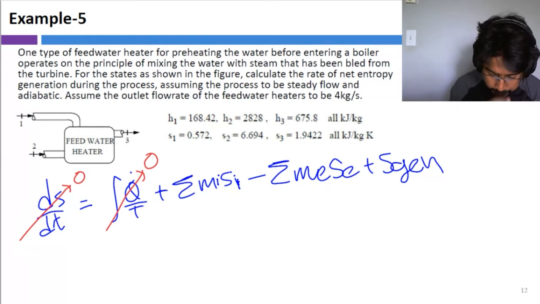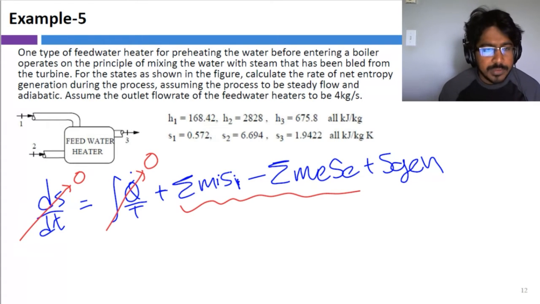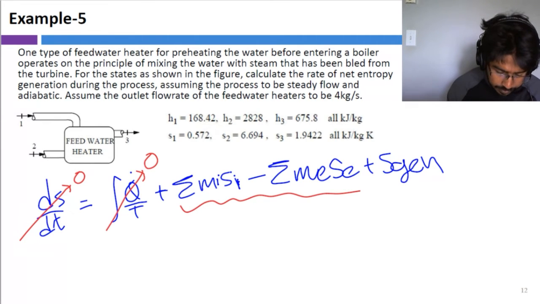So now what we need in order to find the entropy generation is the entropies at 3 states and the mass flow rates at 3 states. The entropies are already given, so we don't have to bother about that, but we need to find the mass flow rates.